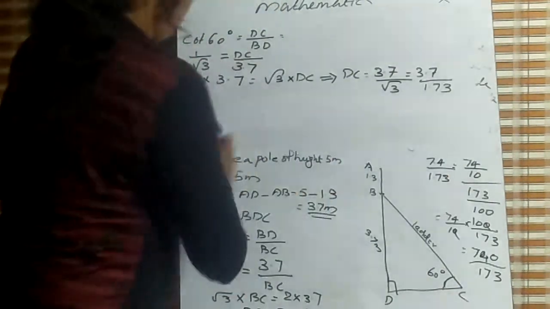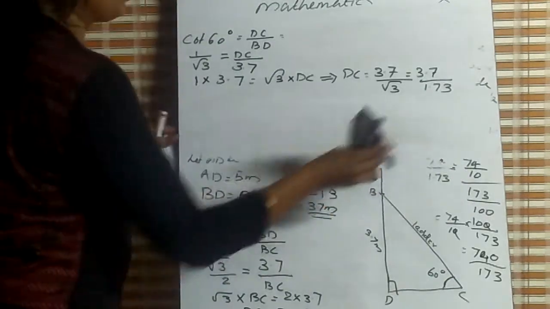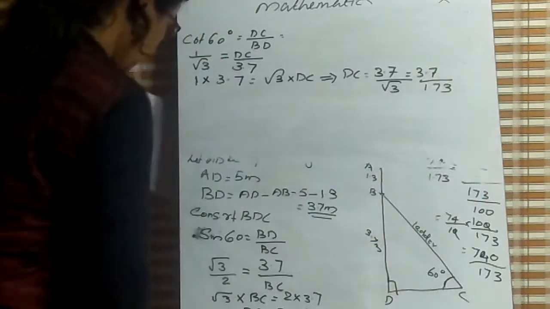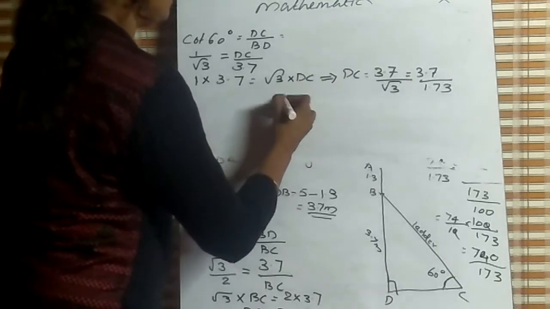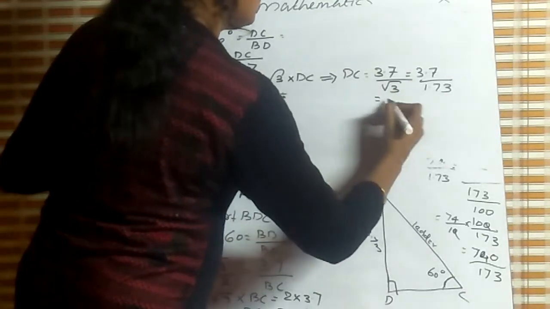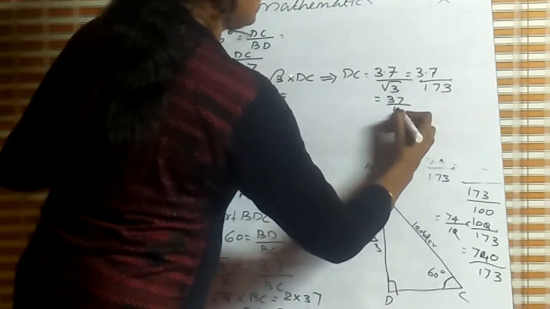3.7 divided by 1.73 is equal to 37 by 10.